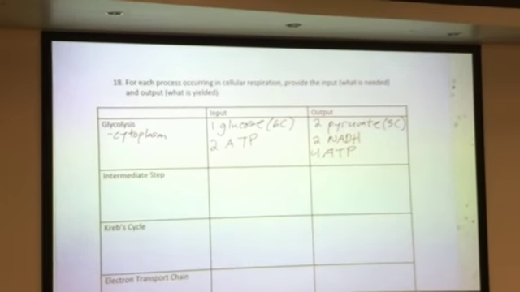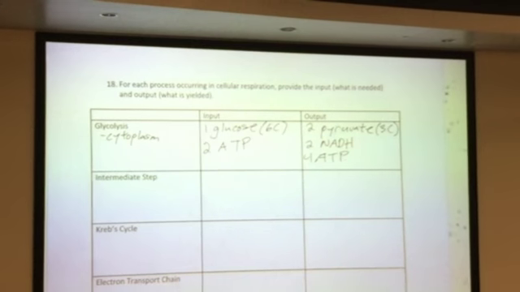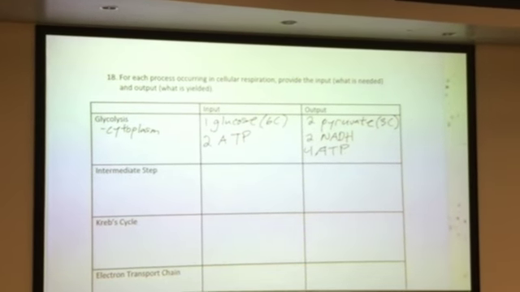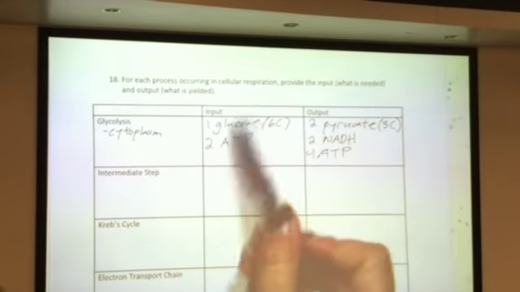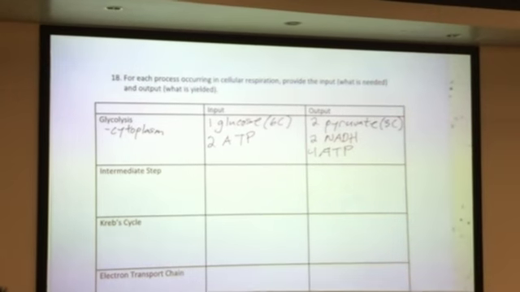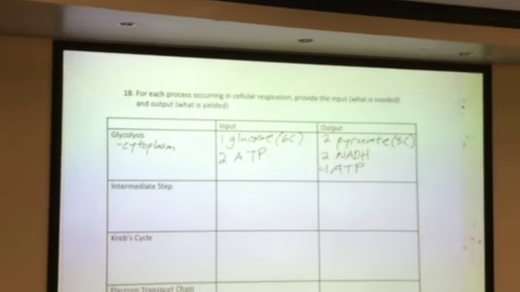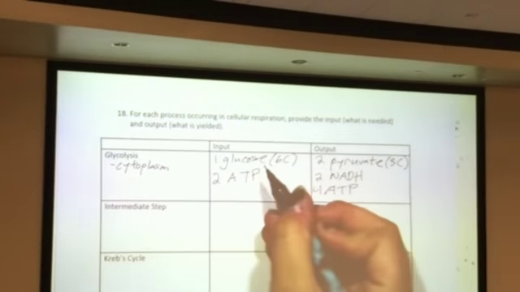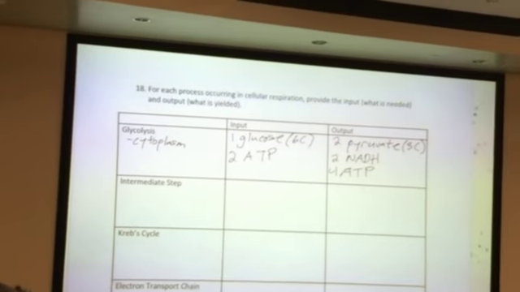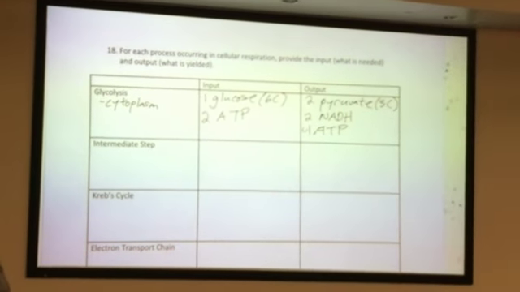Does anything I just said make sense? Yes, these are the things that are coming out of the world into this reaction. So, again, we can analyze every single step of this. We take in glucose, where does that come from? Food, right? We take in 2 ATP, where did that come from?